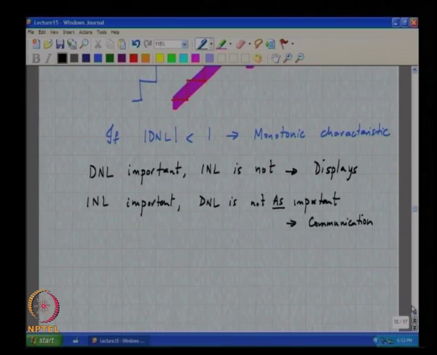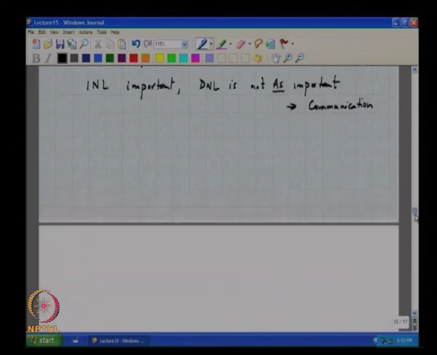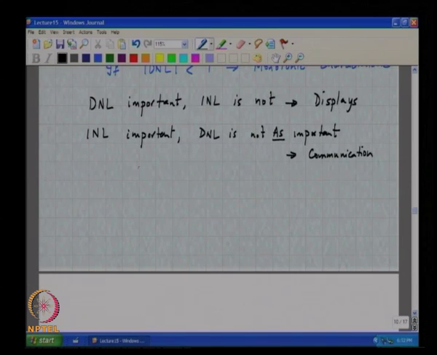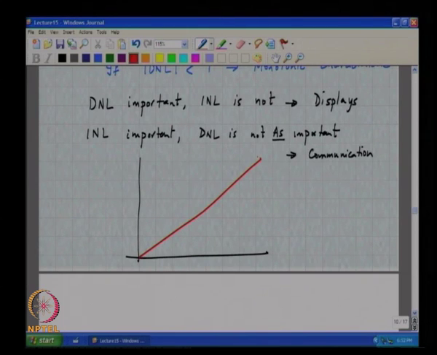converters. As an illustration, if the ideal characteristic looks like this, where there are so many codes that the steps are not visible, and the actual characteristic is like this, what is the INL?